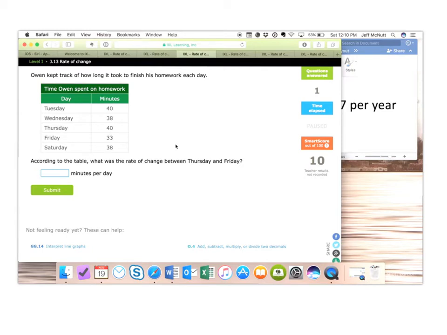Now this is kind of weird because we're taking a smaller number and subtracting a bigger number. What ends up happening, though, is that you can tell that the rate of change is 7. From 40 to 33, that's a difference of 7.